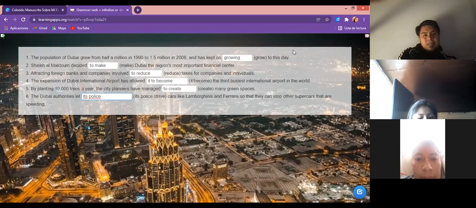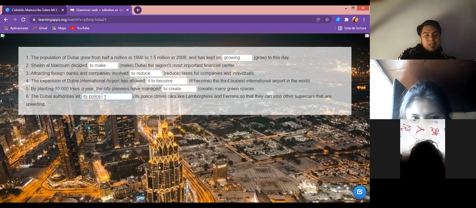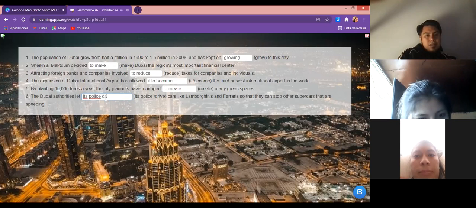They are speeding. Okay, speeding. Okay, so let's see this sentence. Here we have the first verb, that in this case is let. So then we have to put the subject, that in this case is its police. And as we know, let is followed by another verb, but in the base form. So in this case, we maintain the verb as drive.